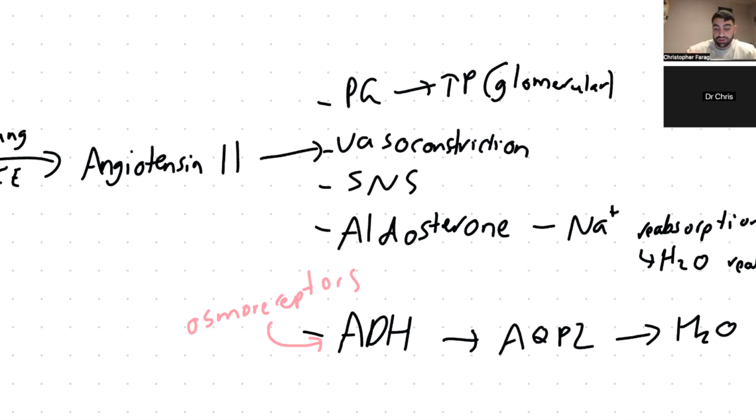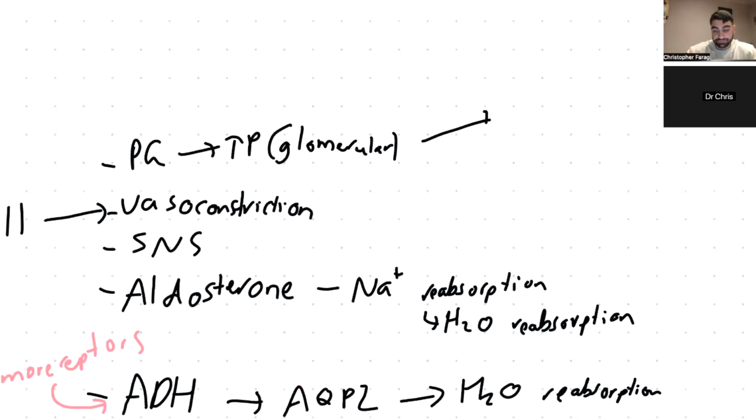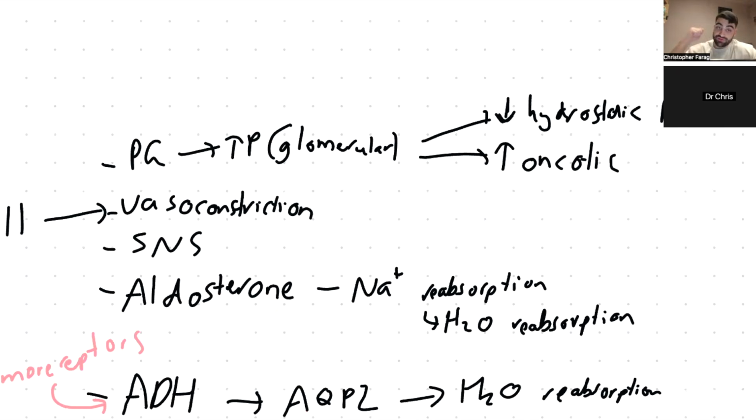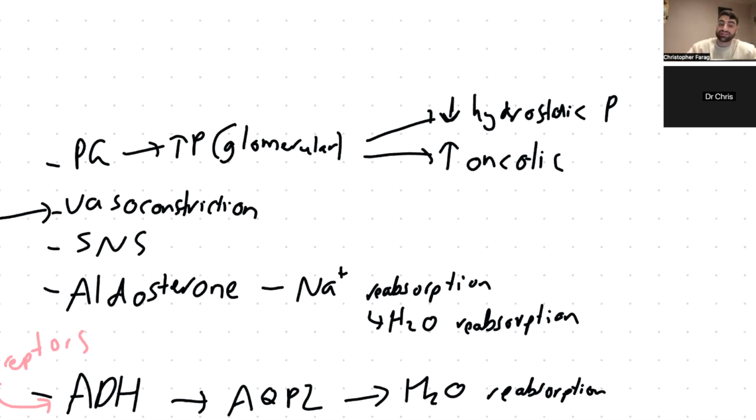It reduces the hydrostatic pressure of the peritubular capillaries and increases the oncotic pressure, both of which then allow decreased push from the systemic into the kidneys and increased pull from the kidneys into systemic in order to increase water reabsorption. And there we have it.